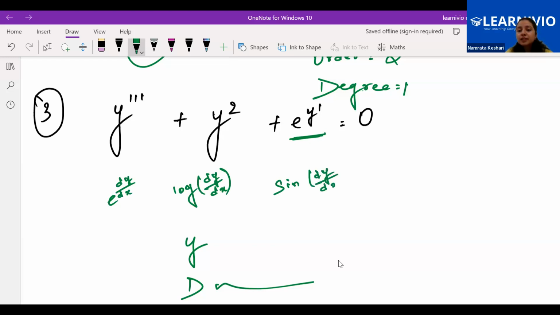These are scenarios where it is not a polynomial function, and we won't be able to say what the degree is. Order we can say, the maximum is 3 time derivative, so it is an order 3 differential equation, but degree is not defined over here. Getting it? Yes, ma'am.